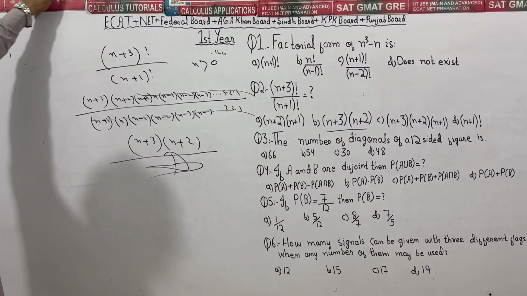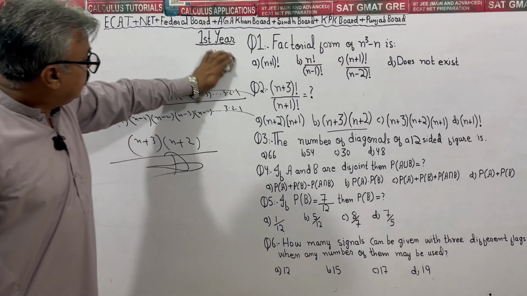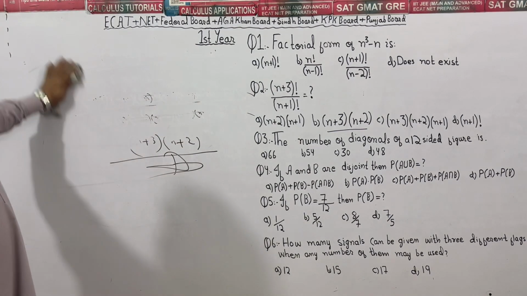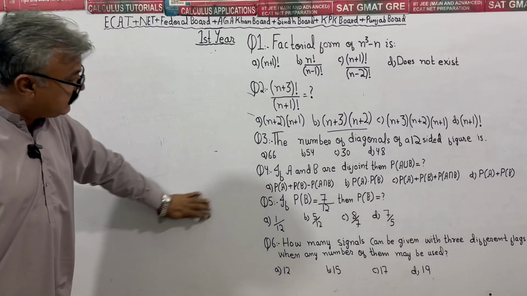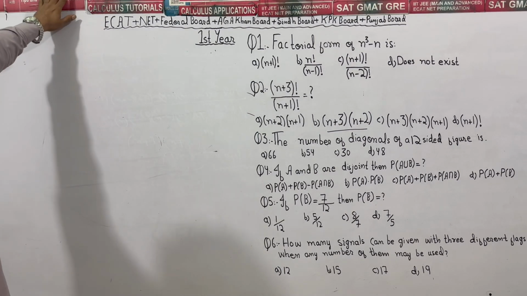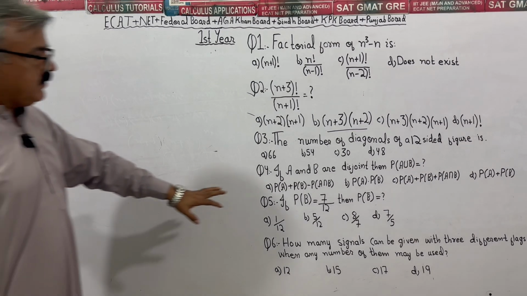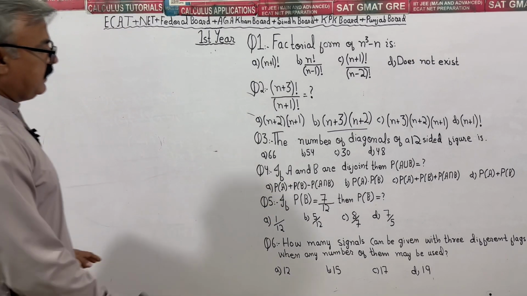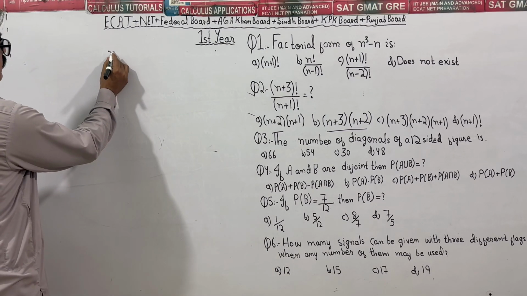Moving towards the next question, my favorite. Find the number of diagonals, or I used to say along with this, find the number of handshakes or the number of matches played among the teams. Their formulas are almost identical, but let me find the number of diagonals of any closed figure.